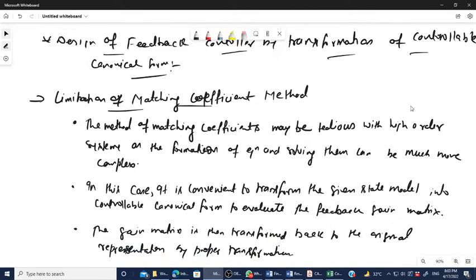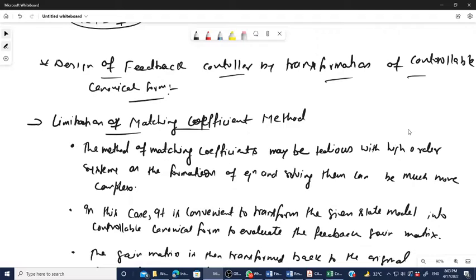Then you also have to develop the characteristic equation with the state feedback gain matrix K. Then you compare the coefficients of like powers of the two characteristic equations, and then you are able to find the value of K. But there is a limitation of the method of coefficient matching.